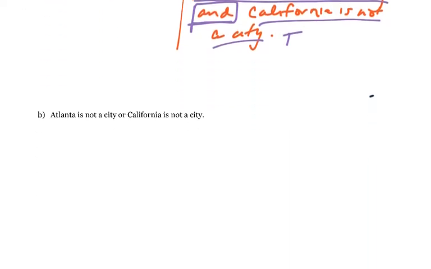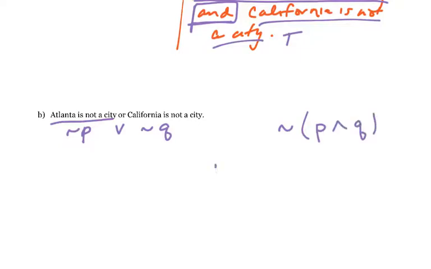Let's look at the next one. Atlanta is not a city or California is not a city. So that's going to be not P or not Q. That's equivalent based on De Morgan's law to not P and Q the quantity.